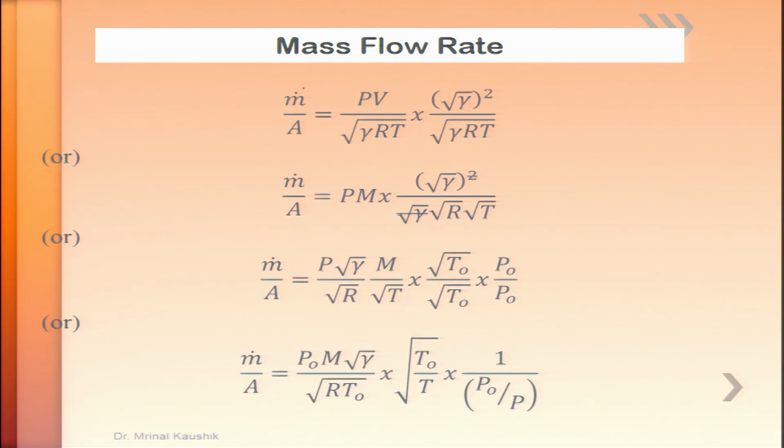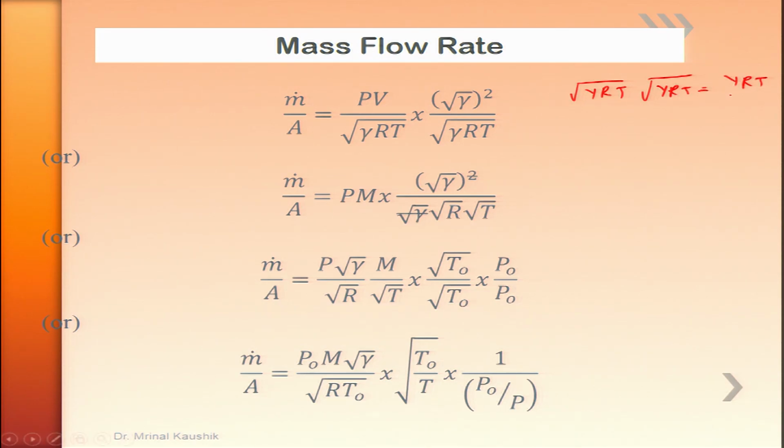Please see here that m dot by A is equal to P V upon square root of gamma R T into square root of gamma R T, which is nothing but gamma R T. Therefore, the gamma R T in the previous expression is split into two square roots, one used here and another used here, and in the numerator, the gamma was written as square root of gamma whole squared. This essentially is nothing but your gamma in the previous expression. In doing so, what we immediately obtain is that this V over the square root of gamma R T is nothing but your Mach number.